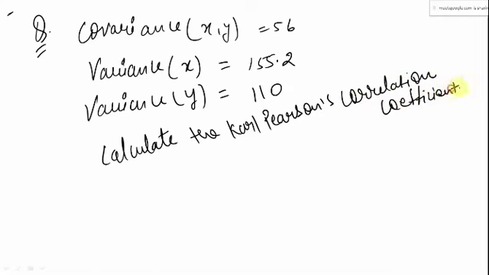I am giving you 5 minutes only to try how to calculate the value of r if these three values are given: covariance of x and y, variance of x, and variance of y. How will you find the Karl Pearson correlation coefficient? Think about it.